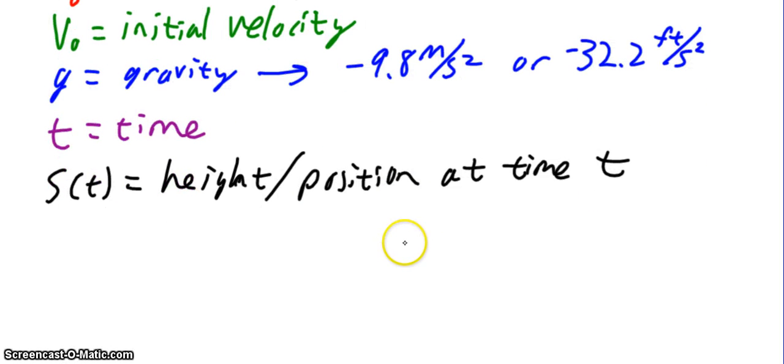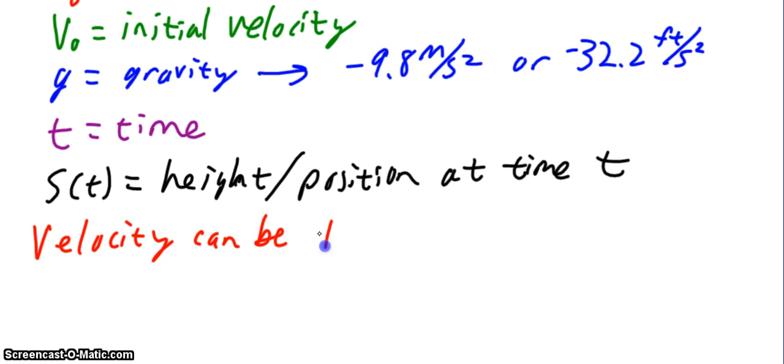A couple things I want to talk about real quick. Velocity. Velocity can be positive, negative, or zero. And the reason why velocity can be positive or negative, because that's the confusing part, is how can you have a negative velocity? Is because velocity has to do with direction. So if something is going down versus up, velocity would be negative versus positive.